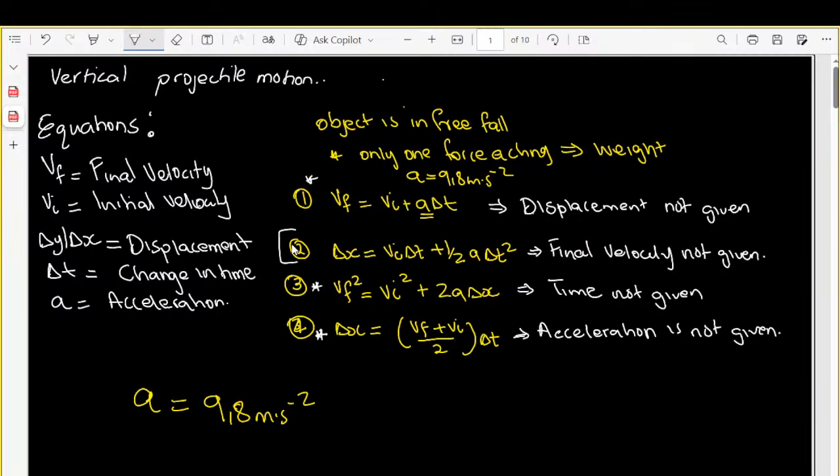So now what I need you to understand when it comes to vertical projectile motion, choosing the formula that you need to use is very important. So I did show you how we choose the formula. For us to choose the correct formula, we check what we are given. So I need you to tell me if you understand how we got to choose the second formula, because in the second formula we don't have the final velocity.